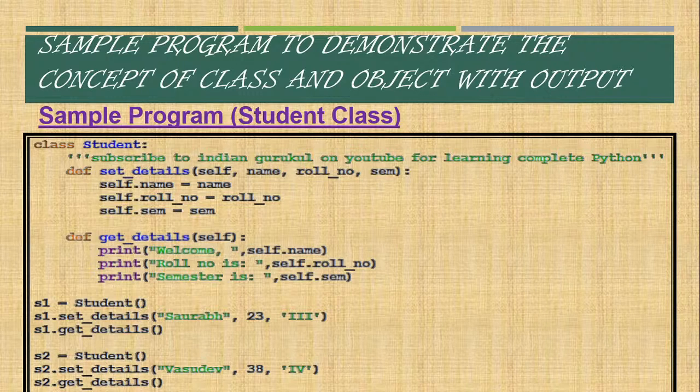Suppose I want to create an application, and that is an application for managing a university data. Okay, so in a university we know that there are several type of entities. There are students who take admission in a university.